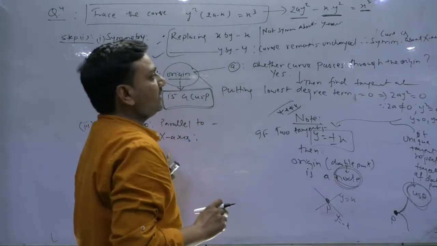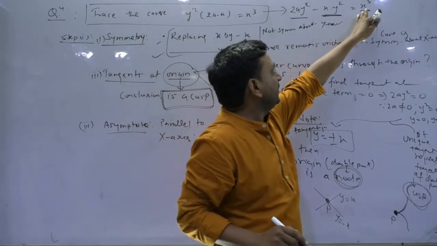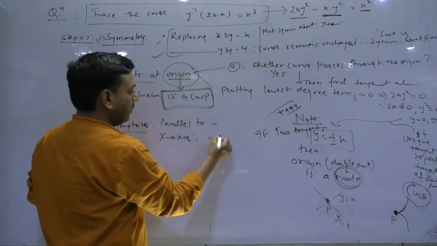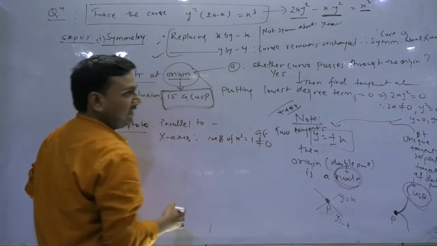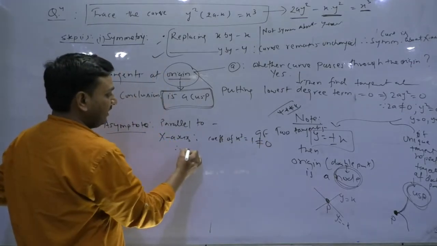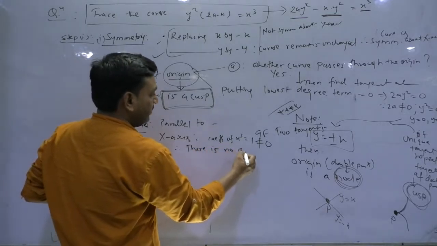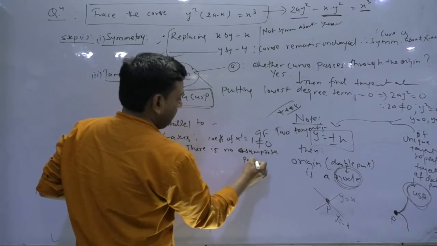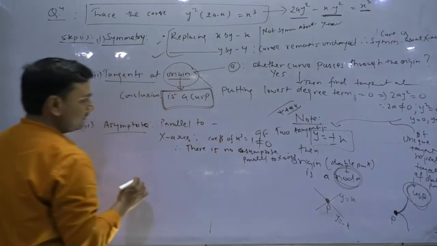So highest degree term is what? Check it out. x cube. So coefficient of x cube is 1, which cannot be 0. So what we will say, there is no asymptote parallel to x axis. Okay dear.